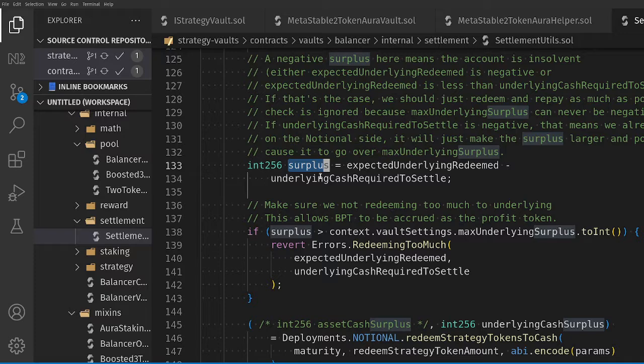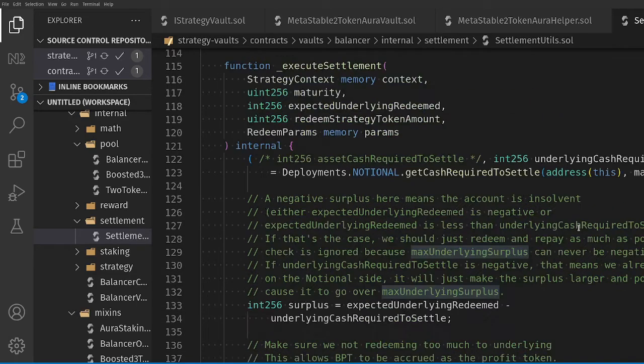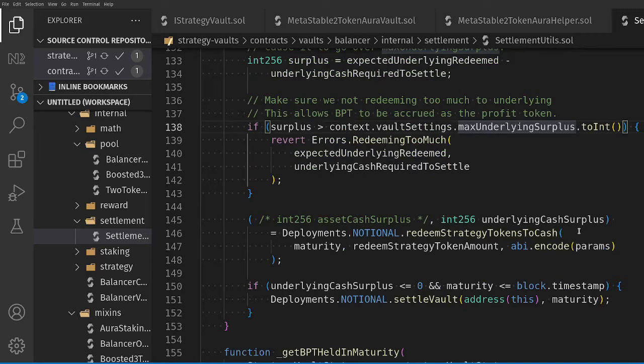It's generally going to be the case that we will have a surplus here. What's going to happen in this method is that we're going to be redeeming strategy tokens to cash. So we're going to be selling some amount of strategy tokens, going through the redemption, and selling wrapped staked ETH and ETH back to ETH.